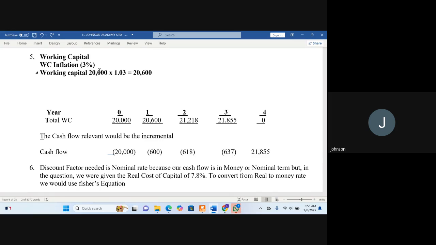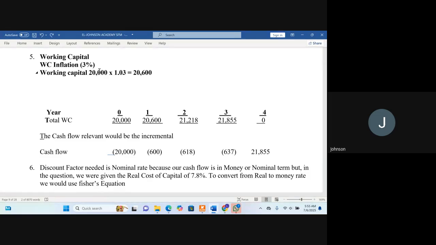So the first year we have 100 plus 3 divided by 100 equals this, then multiplied by 20 million. Okay, that is for the first year. Now, what about the second year?